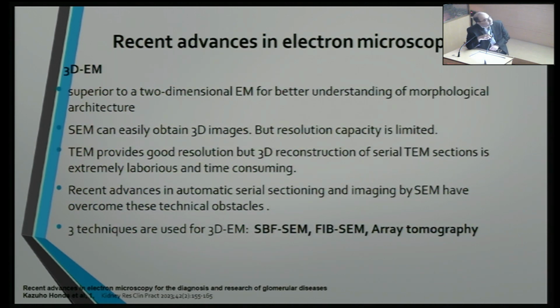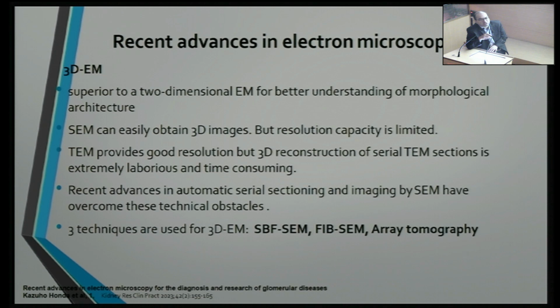So moving on to the 3D electron microscopy. Obviously, it is superior to 2D in understanding the morphological architecture and the ultrastructural alterations, and it can easily obtain 3D images, but resolution was limited. The advances that have been made enable automated serial sectioning of the tissue and imaging by the SEM, followed by direct 3D reconstruction.